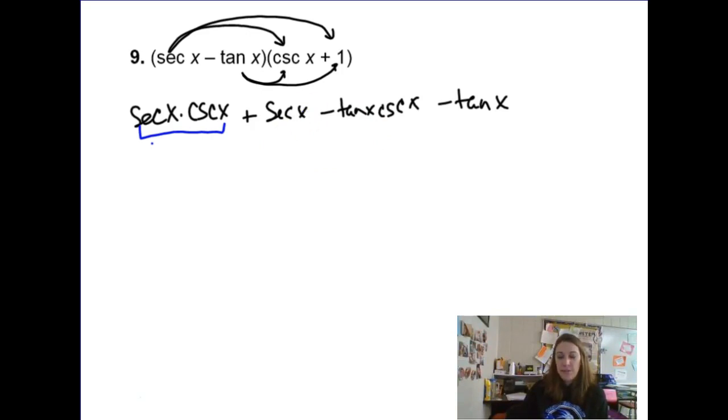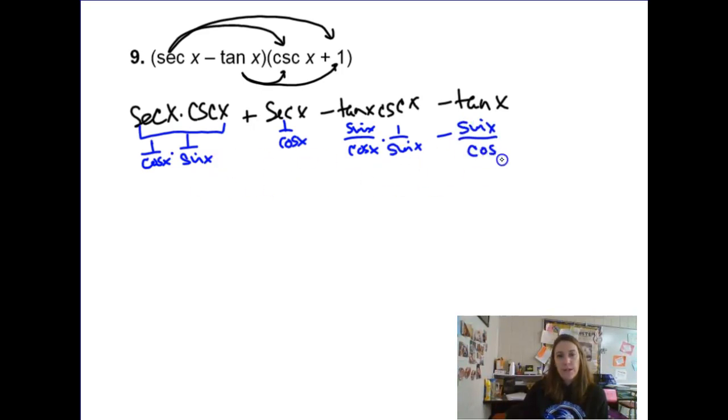If I need to trade something, secant can be 1 over cosine. Alright, I'm going to write myself a few notes, see what direction I want to take this. Tangent is sine over cosine. Cosecant is 1 over sine. Well, that's interesting. And then this is sine over cosine.